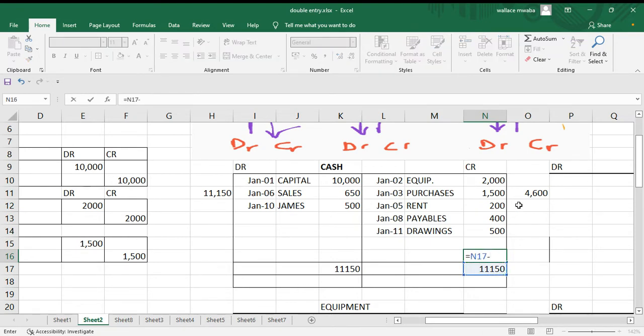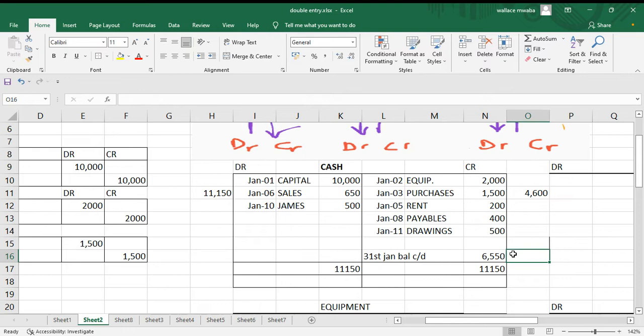6,550. So at the end of the month, 31st January, our balance carried down is 6,550.